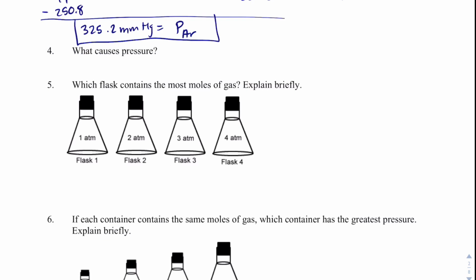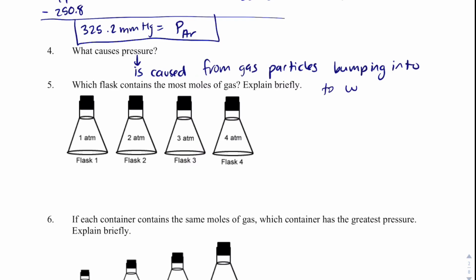Number 4 is one that a lot of people know, but then they don't apply it, it seems. So pressure is caused from gas particles bumping into the walls of their container.